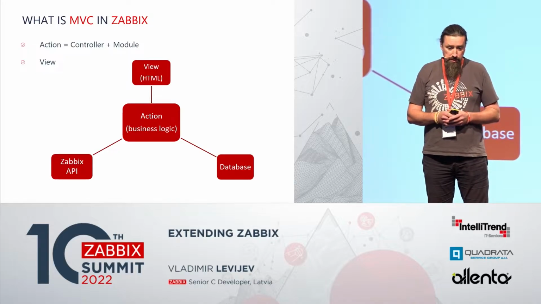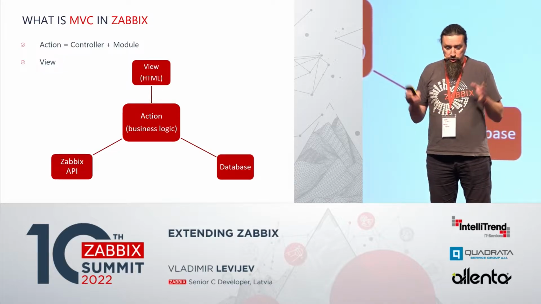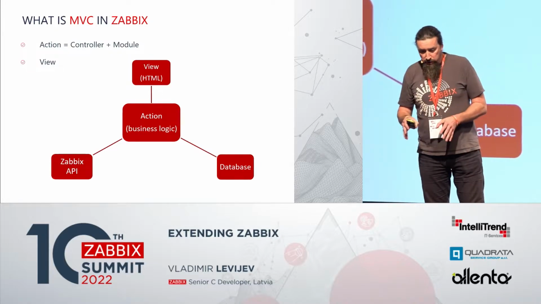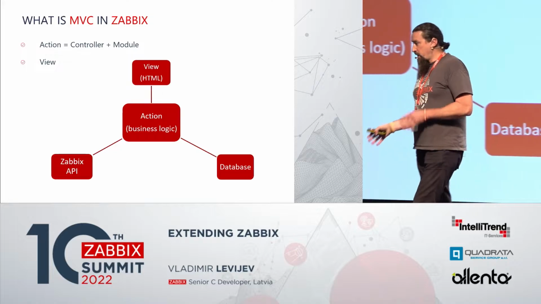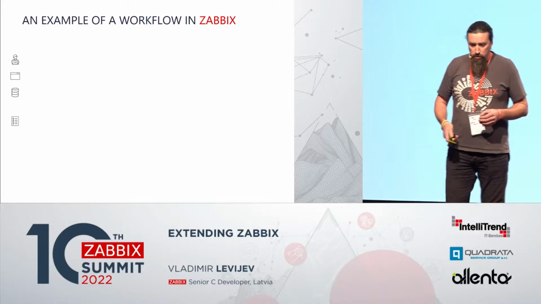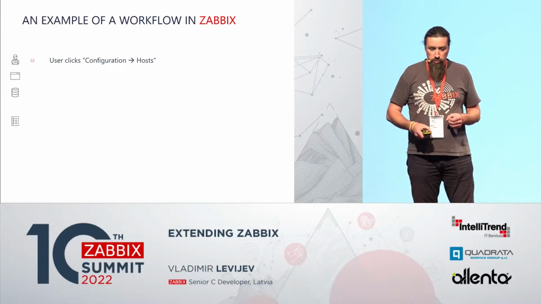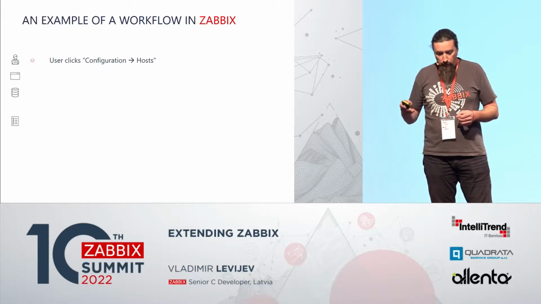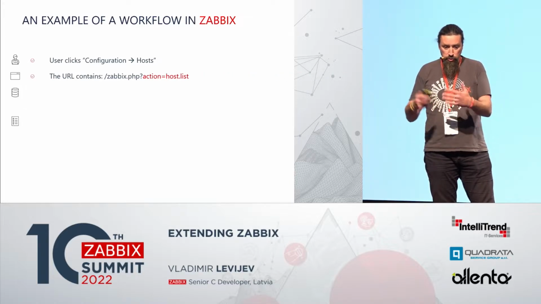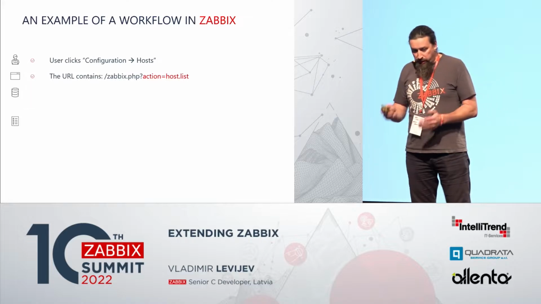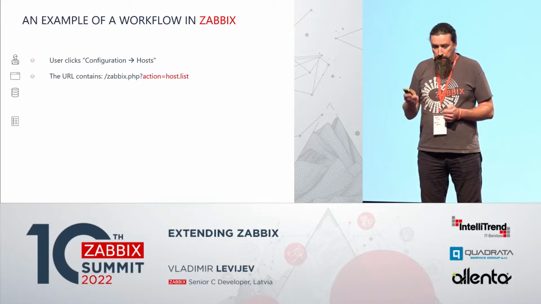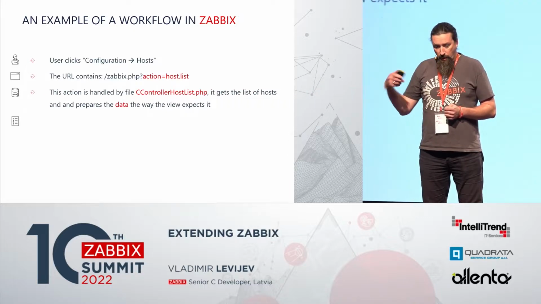So it works as shown. The business logic is in one file, the view is another file, and only the action talks to the API, sometimes directly to the database in some rare cases. So when you click configuration hosts, what actually happens? The click executes the URL where the action name is specified, and Zabbix knows that the action named host.list is taken care of by 2 files.